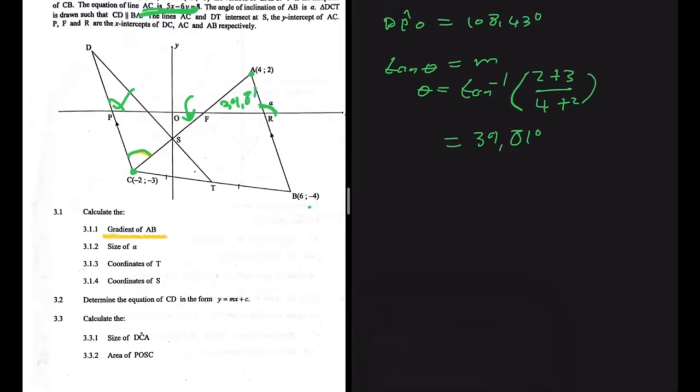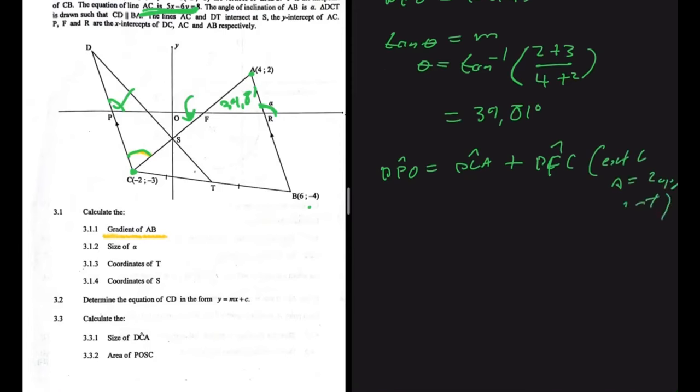So now we can say that angle DPO is equals to angle DCA plus angle PCF, right? And then we give the reason: the exterior angle of a triangle is equals to the two opposite interior angles, right? Yeah, the story goes on. So what is DPO?